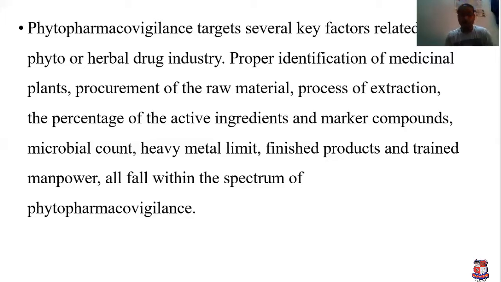Whenever we are going to find out the adverse drug reaction of herbal or Ayurvedic drugs, we should consider all these parameters, like proper identification of medicinal plants and procurement of the raw material.